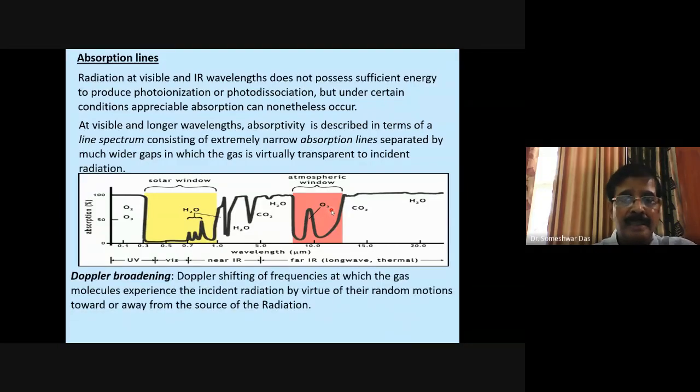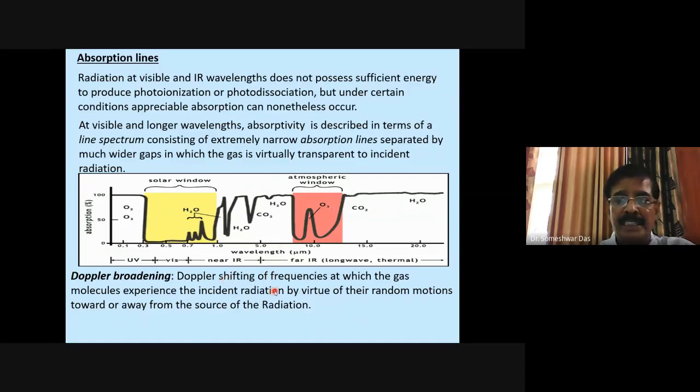Then there is another important terminology that you should remember, the Doppler broadening. You know the Doppler effect, right? You have studied what the Doppler effect is. So Doppler broadening is similarly related to the Doppler effect, because of the movement of the atomic particles in the atmosphere.